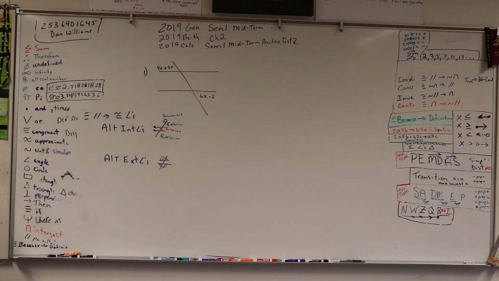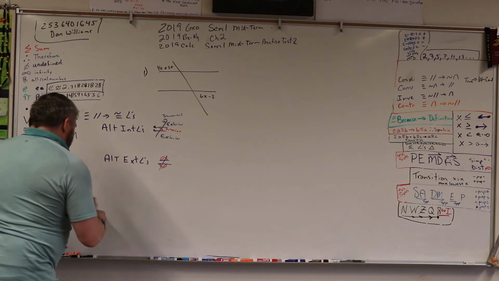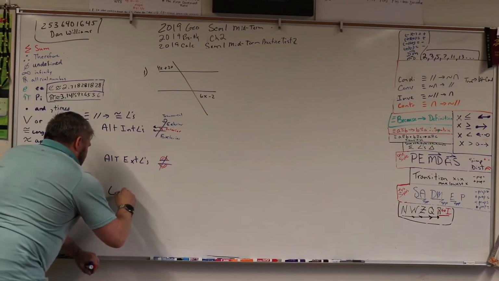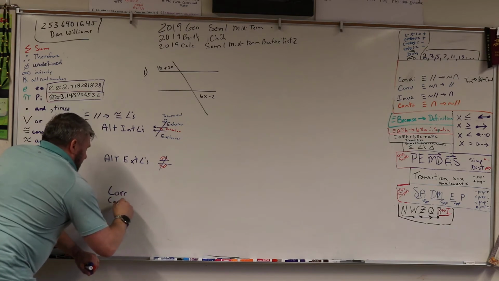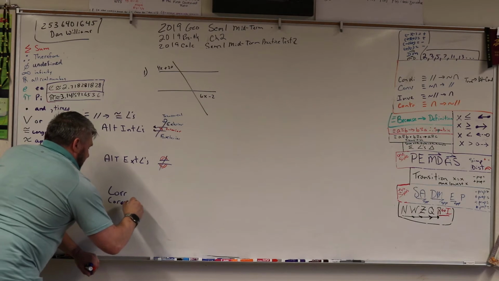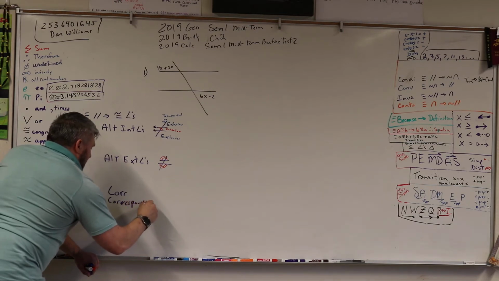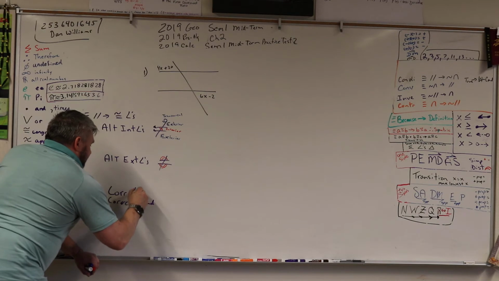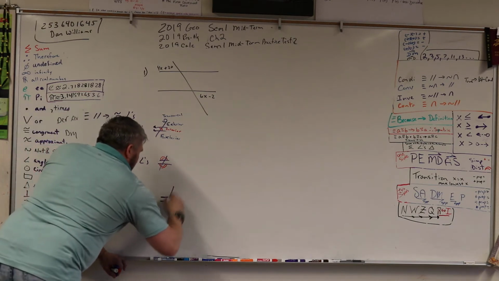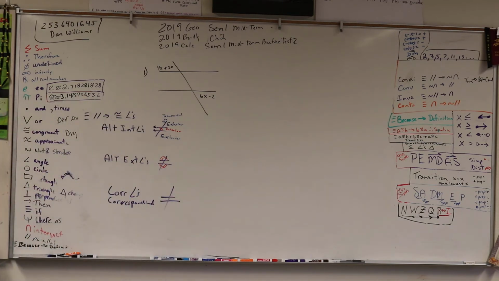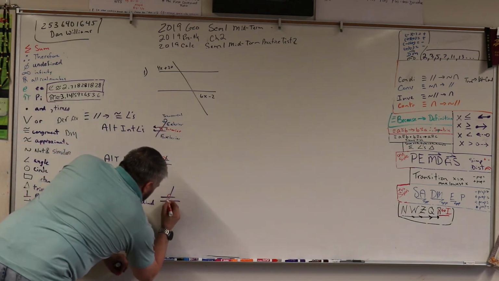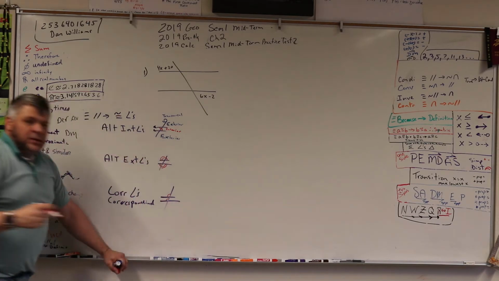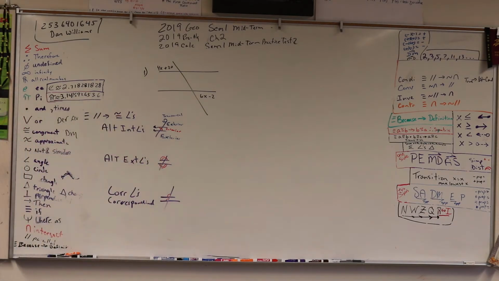Corresponding angles. These are the hardest ones for students to learn. Corresponding angles are angles where one is on the outside and one is on the inside.